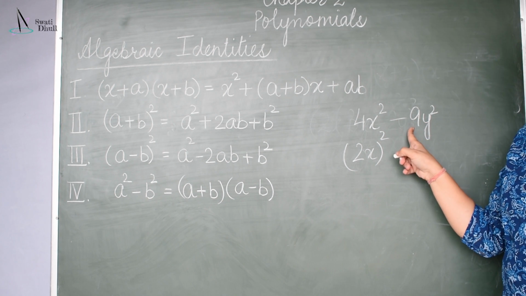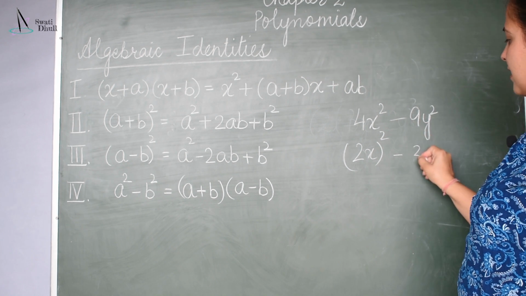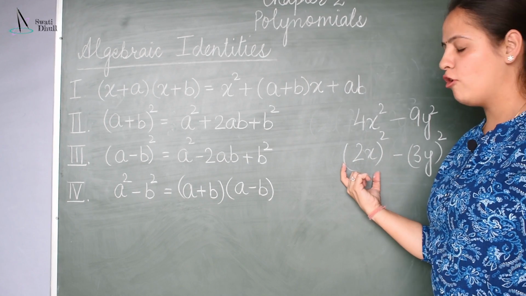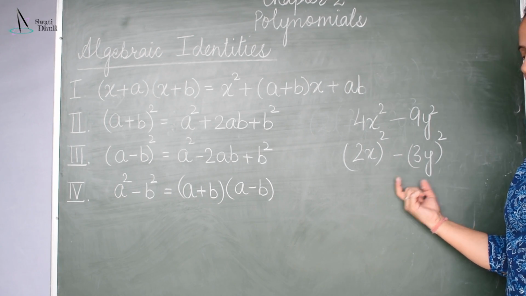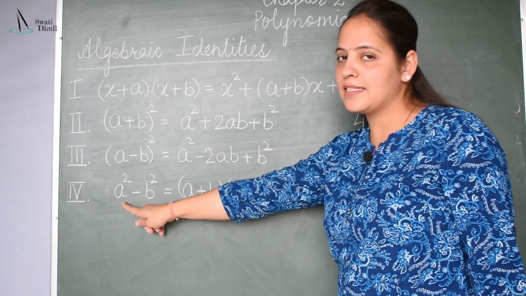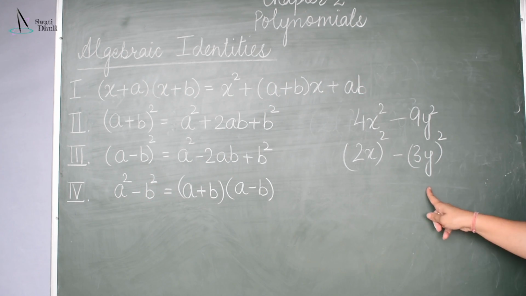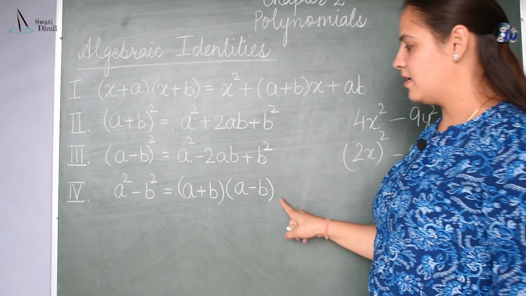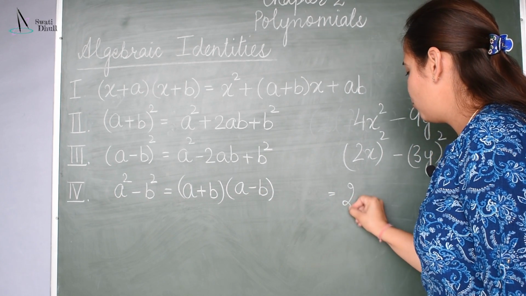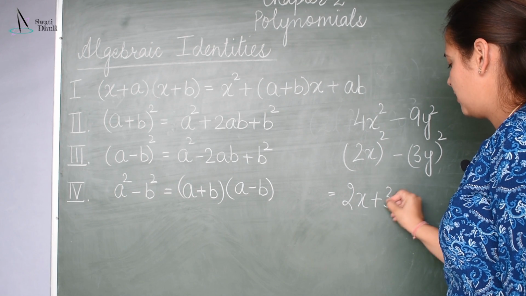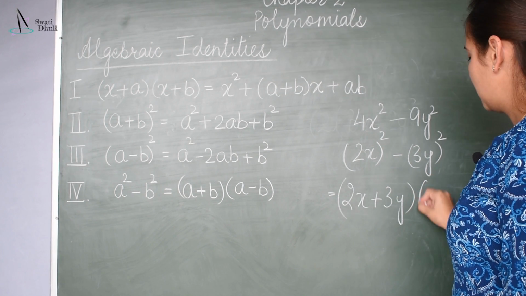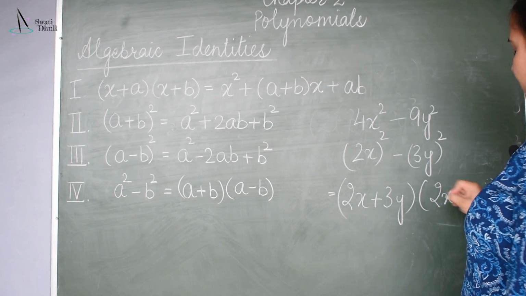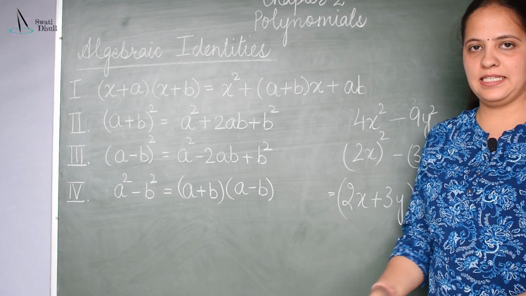Similarly, 9 can be written as 3², so 9y² is (3y)². Now I have a² − b², with 2x in place of a and 3y in place of b. So it can be written as (a + b)(a − b), that is (2x + 3y)(2x − 3y). This is the expansion of this identity.